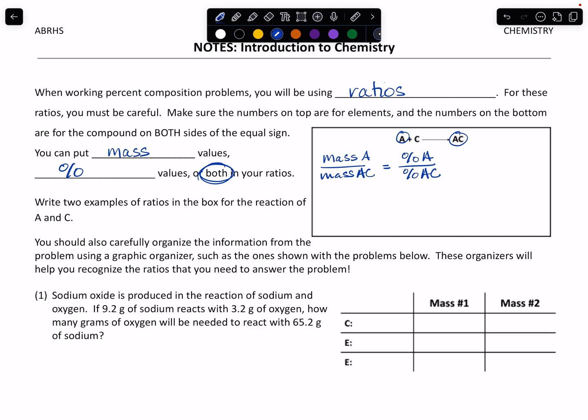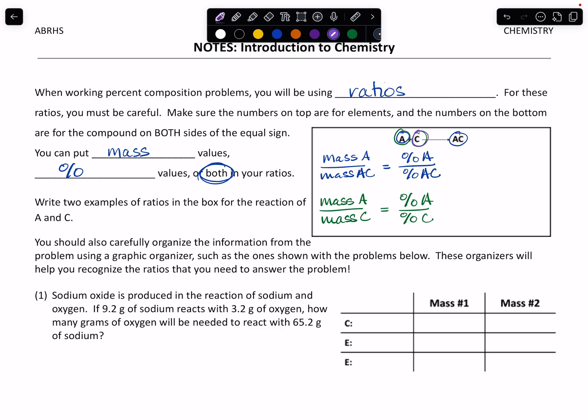I could also compare the reactants to each other. I could say that the mass of A divided by the mass of C has to equal the percentage of A divided by the percentage of C. That's another option.